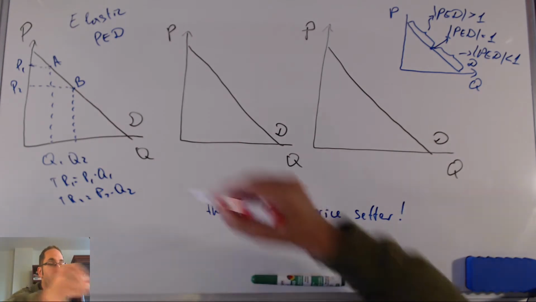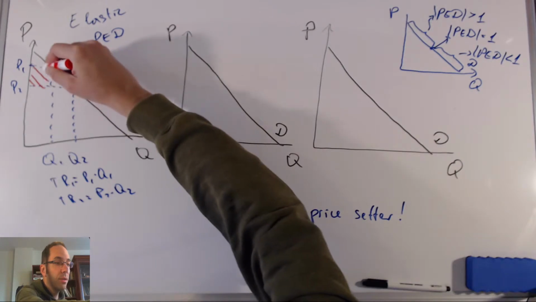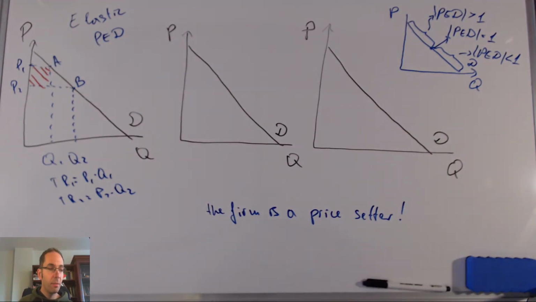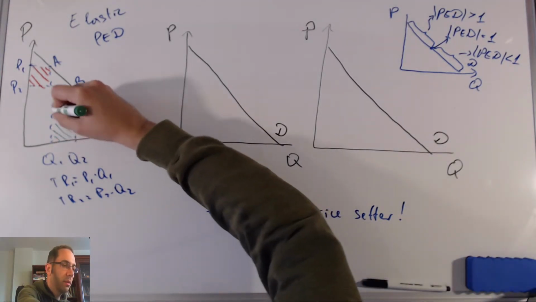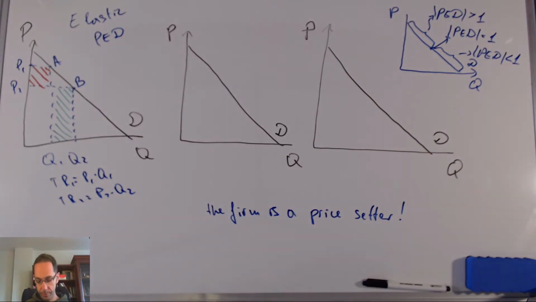What we can say is that lowering the price from P1 to P2, we are losing this red area, but instead we are gaining this green area.